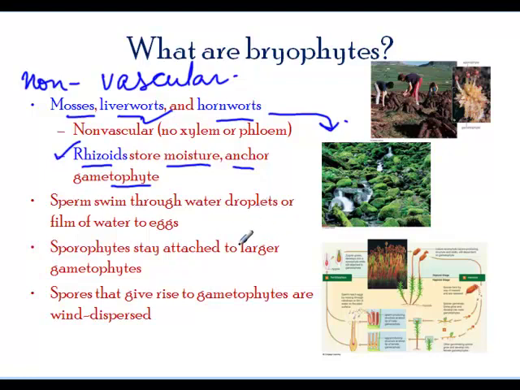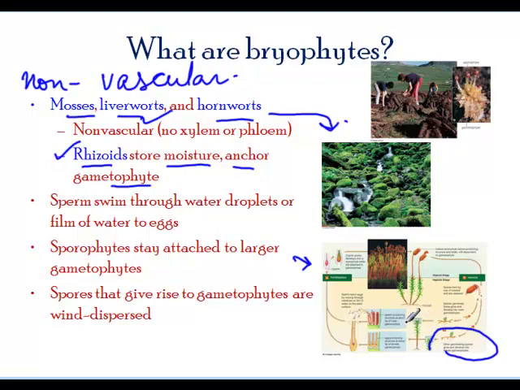Now, in this particular image over here that you can also see in your book, the fertilization is shown, and this fertilized plant is actually coming from a plant that arose from spores. So the germinating spores grew and developed into these female and male parts of the plant.